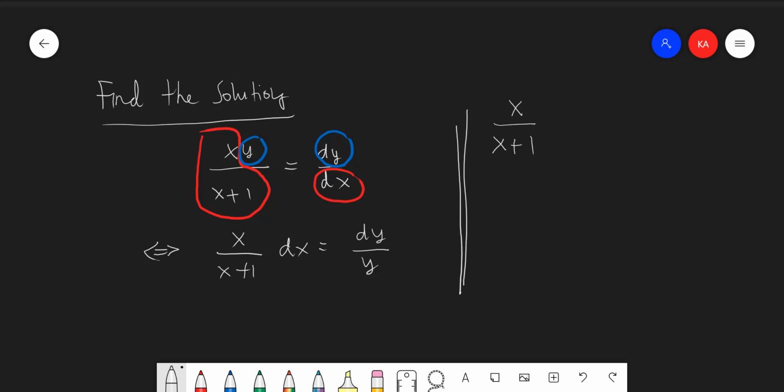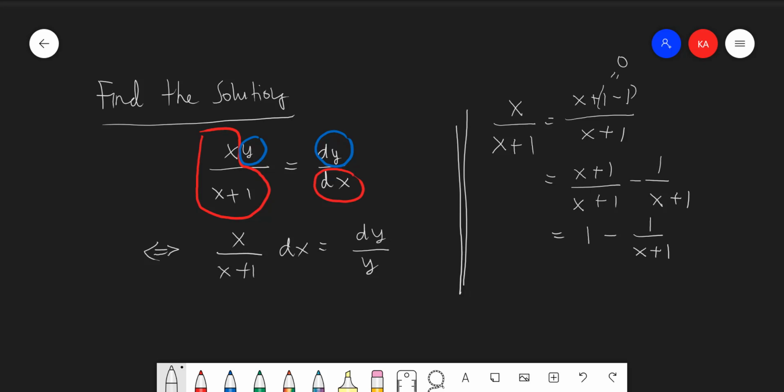We can write this in another form like this: x plus 1 minus 1 per x plus 1. This is the 0 here, so it is equal to x plus 1 per x plus 1 minus 1 per x plus 1, or 1 minus 1 per x plus 1.